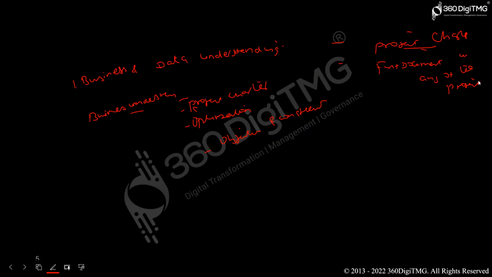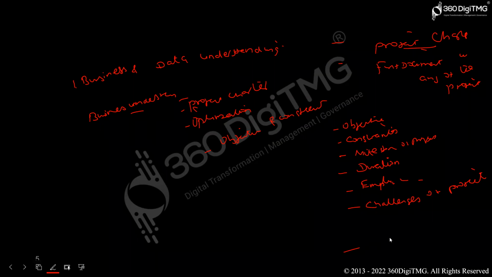Then what may it contain? The project charter records all business objectives and constraints, and it is used to record the milestones of the project, the duration of the project, how many employees are working on the project, the challenges of the project, the opportunities, or any changes you made.